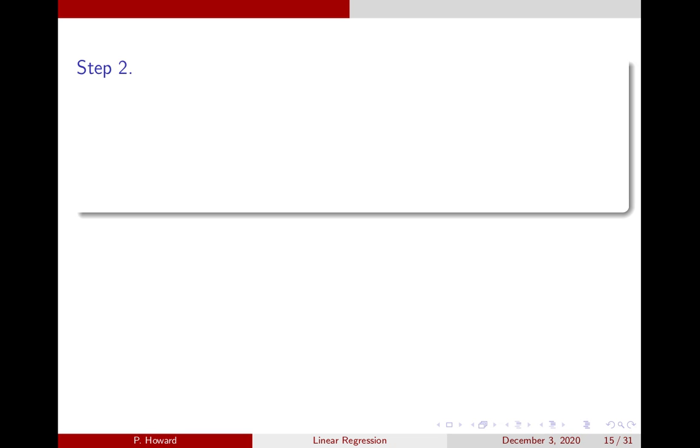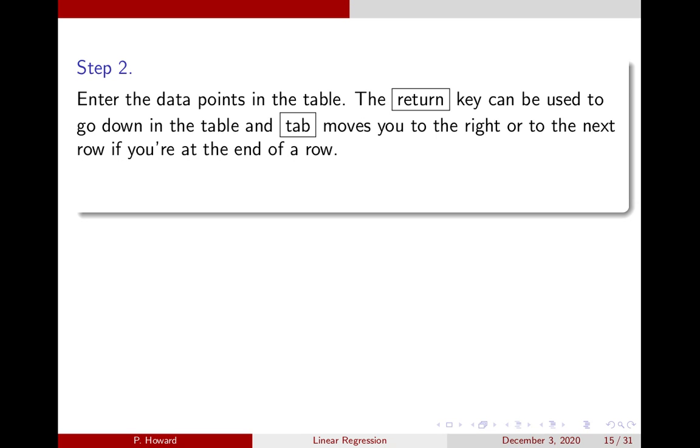Step 2. We want to enter the data points in the table. So the table on Desmos will look pretty much like the table with the data points that we just saw a couple of slides ago. So enter the points in the table. You can use the return key to go down in the table, and the tab key will move you to the right or to the next row if you happen to be at the end of a row.